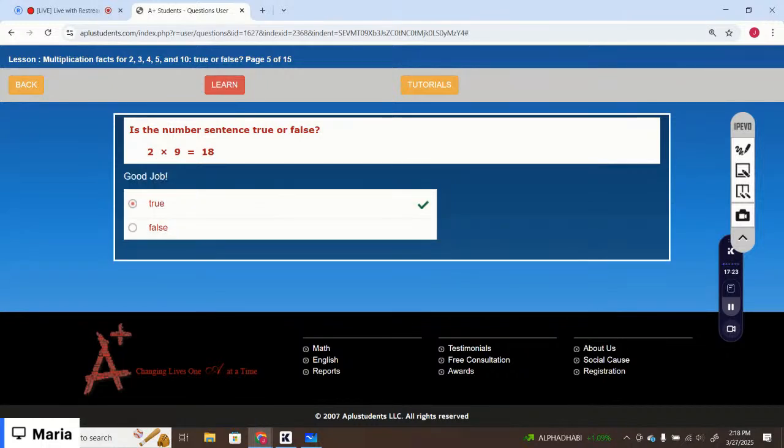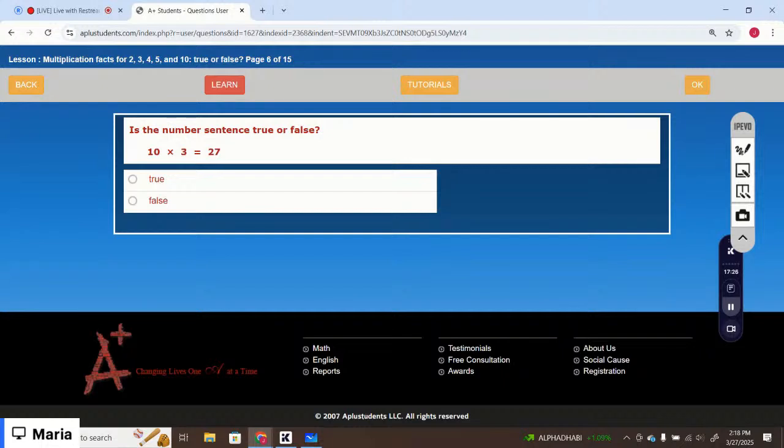That is great. 10 times 3 equals 27. That is false.